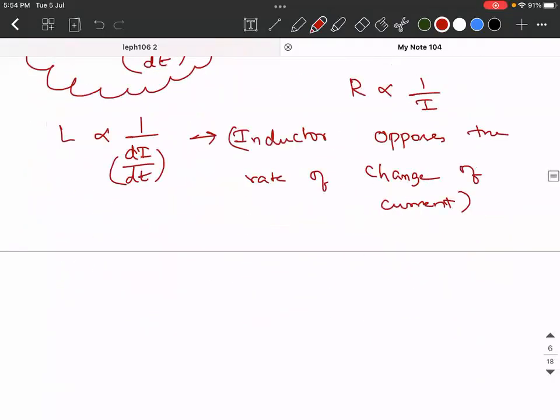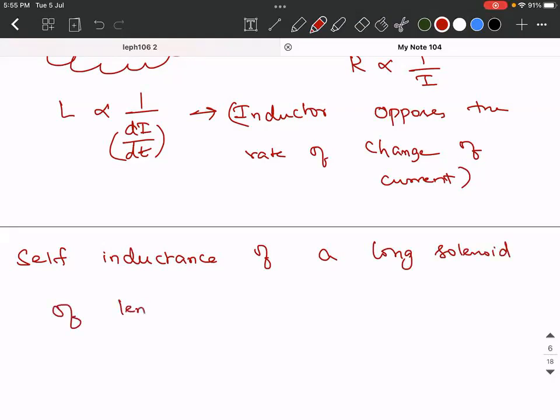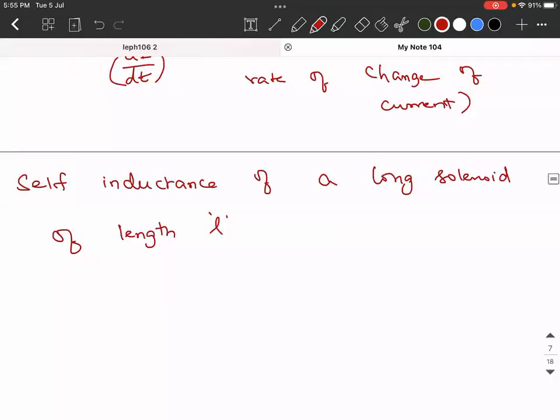Now, having said this, our job is to find the self-inductance of a long solenoid of length L. So let's say there is a solenoid of length L that is available in our hand, and you want to find the value of self-inductance of this particular device.